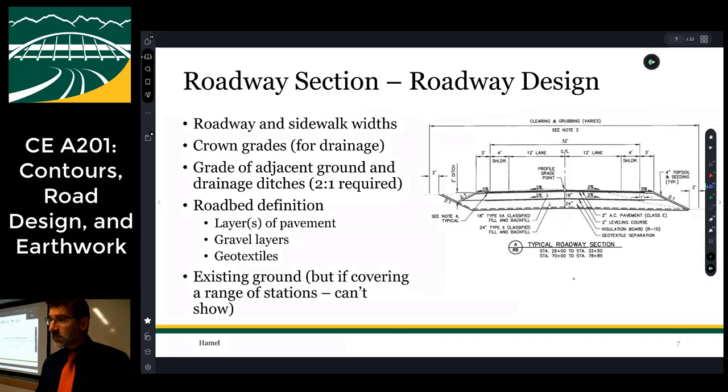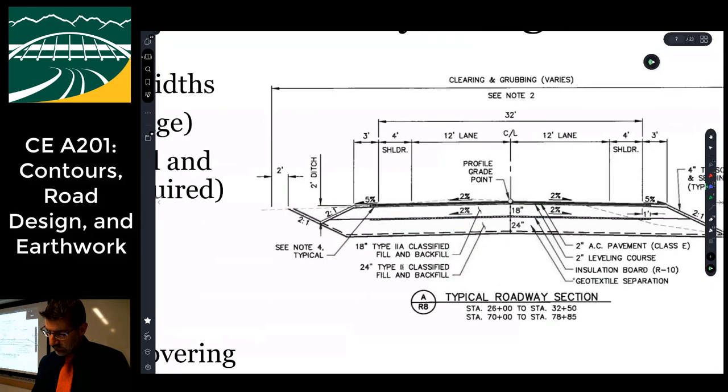So, all right, the third piece of this puzzle is called sections, right? A roadway section. And so this is, of course, hopefully you can tell that you are looking at a cross section of the road, as if you're standing looking down the road and someone were to just cut through the land. It would look like that.